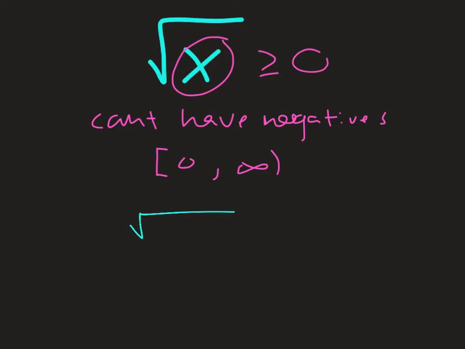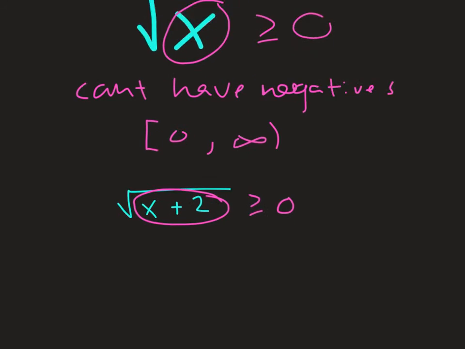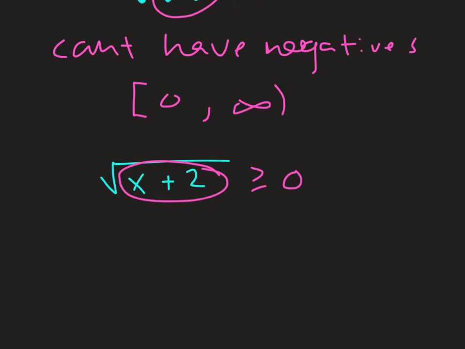Now to make it a little bit more complicated, we could say if we have x plus 2 under our square root. Again, we do the same thing. We set what's under our square root greater than or equal to 0, because you can't have negative numbers under the square root. And we would want to solve for x. So how can we get this x all by itself? What do we have to do to solve for x?